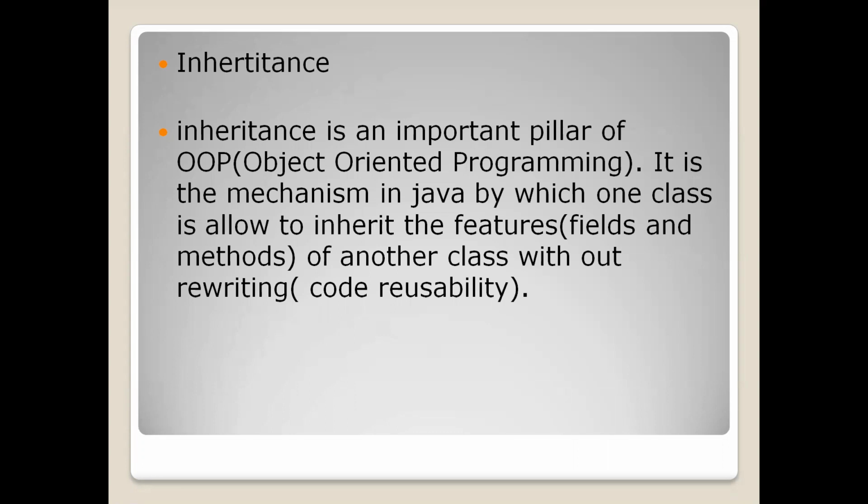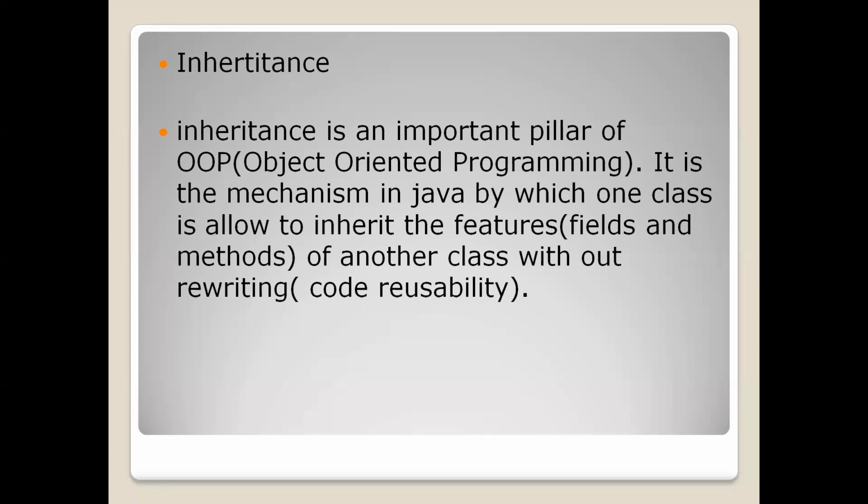Here, code reusability in Java can be achieved up to some extent by inheritance, packages and interfaces. We will discuss the topic of packages and interfaces maybe in unit number 5 or 4, right?